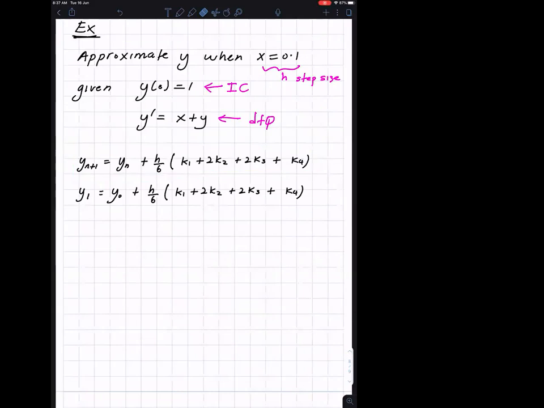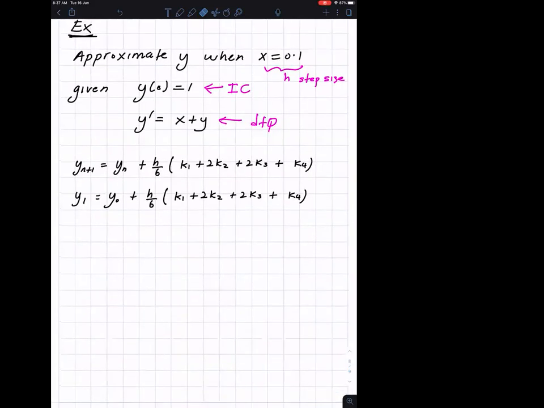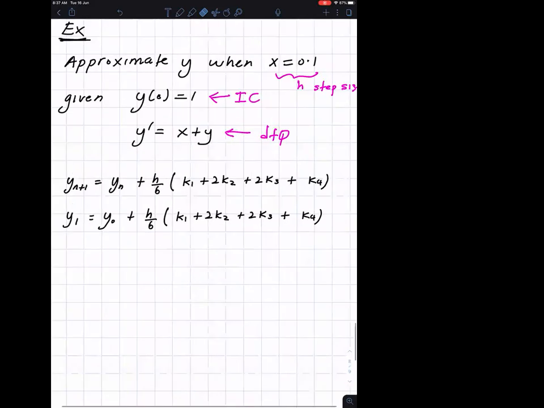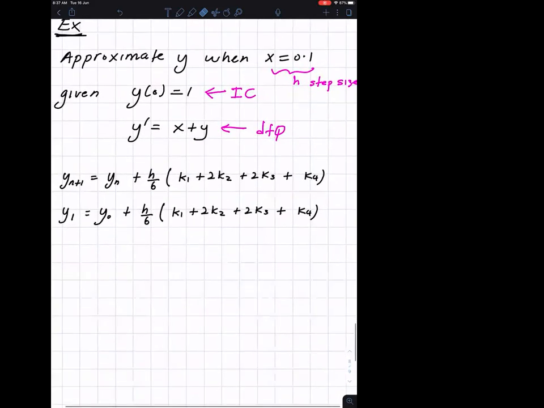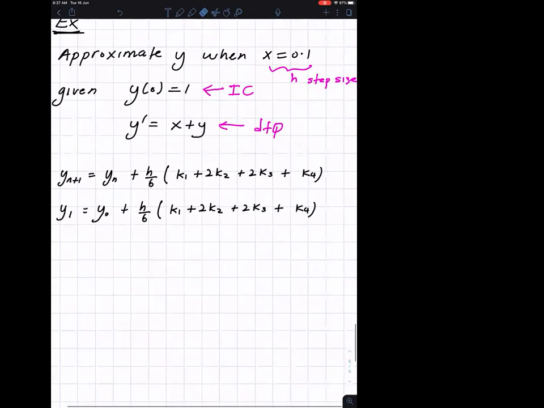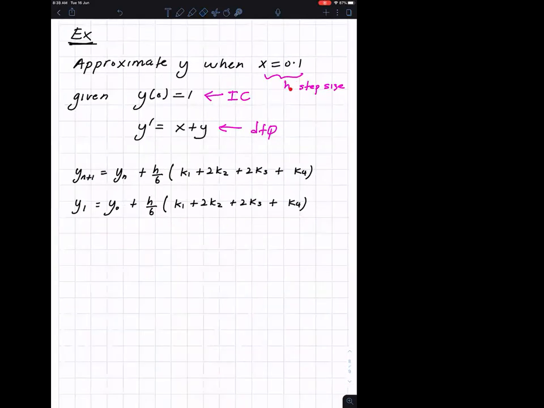So we are trying to find what is the y value when x is 0.1. Given the step size, and also the initial conditions must be given.